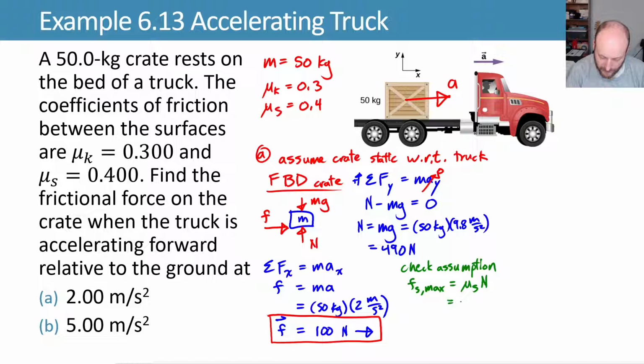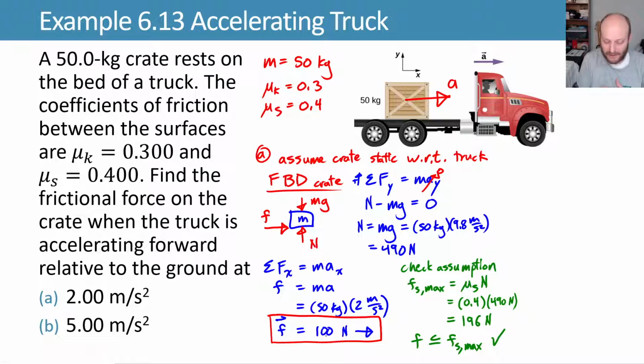So the most frictional force we could get is 0.4 times that normal force of 490, which means that we can exert a frictional force up to 196 newtons. This tells me that the actual frictional force that I found of 100 newtons is less than or equal to my maximum static frictional force. So that's good. That satisfies my assumption that my force is less than the maximum allowable, so this is perfectly fine. We can accelerate at 2 meters per second squared, and this crate will stay sitting on this truck bed. Lovely.